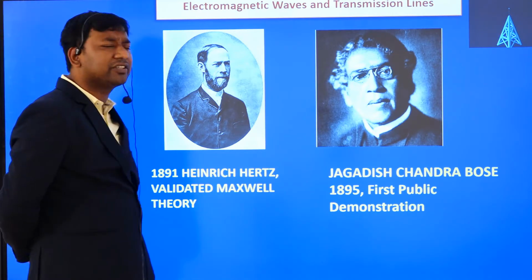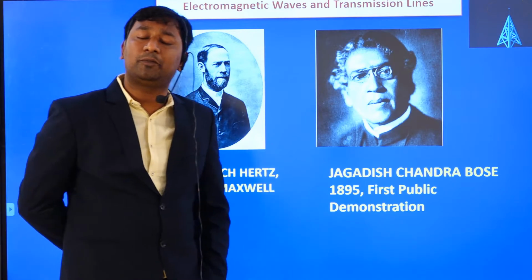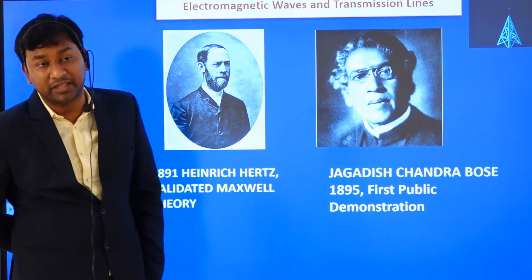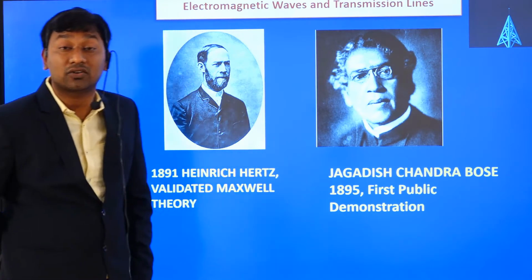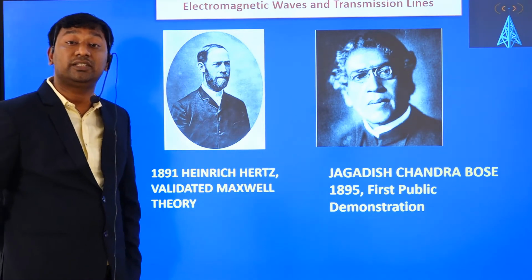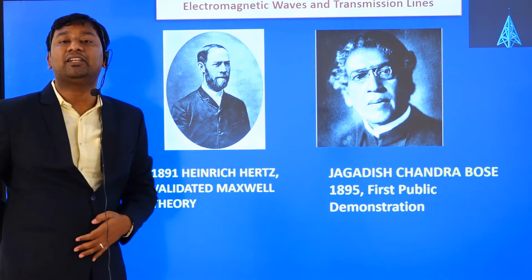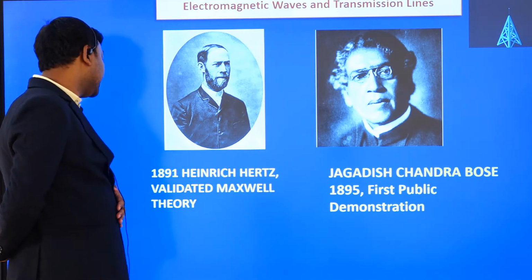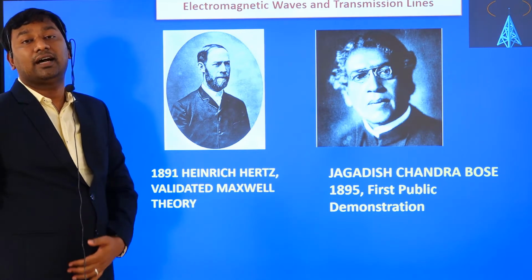We have already seen Maxwell's four laws: del dot D equal to rho v, del dot B equal to 0, del cross E equal to minus dou B by dou t, and del cross H equal to J plus dou D by dou t. Hertz practically validated Maxwell's theory in 1891.